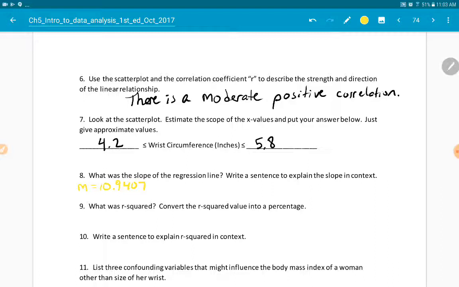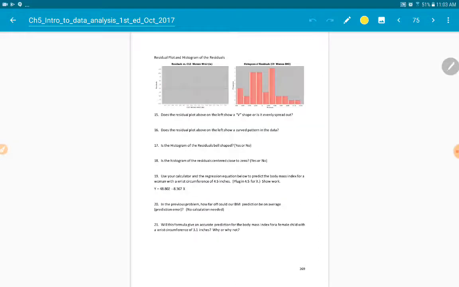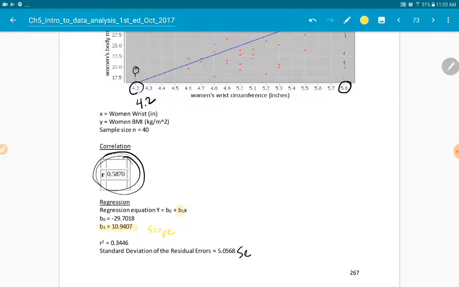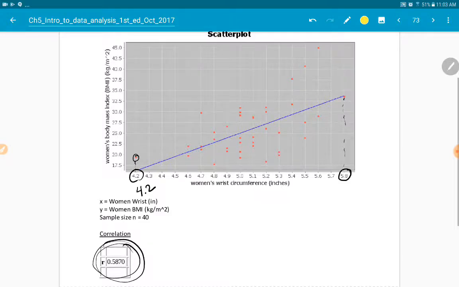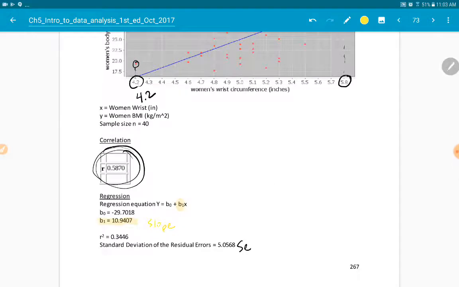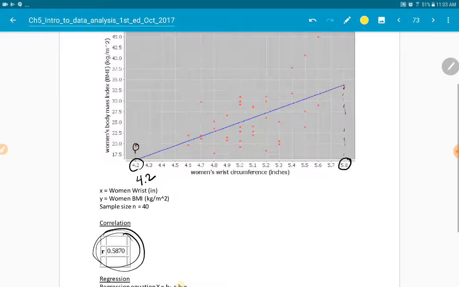And the meaning of slope in context is always going to be the increase or decrease in y for a 1 unit increase in x. So in this case, we're looking at BMI and woman's wrist. So for every inch increase in a woman's wrist, the BMI goes up by 10.94 kilograms per meter squared.